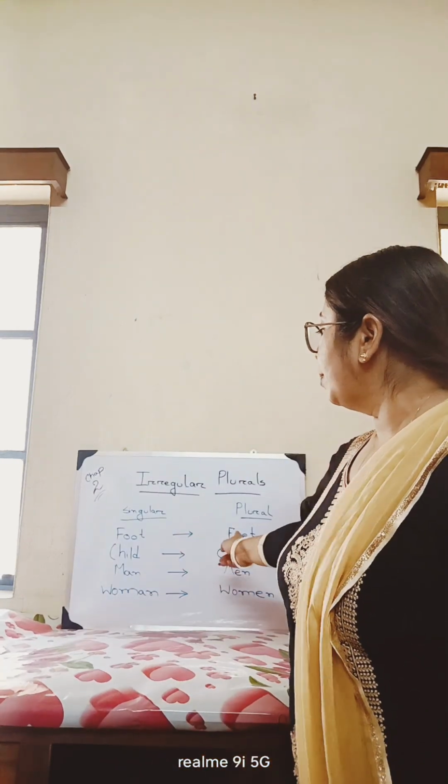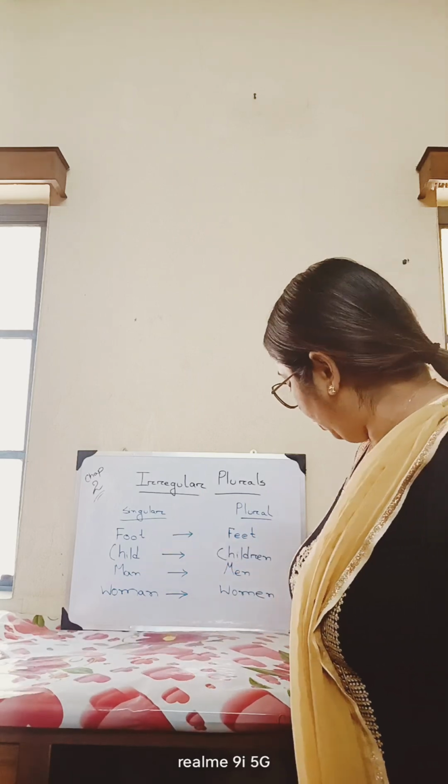Now we can see some exceptional cases. There are some nouns that don't follow any of these 3 rules. Those are called irregular plurals. Here are some examples of irregular plurals.